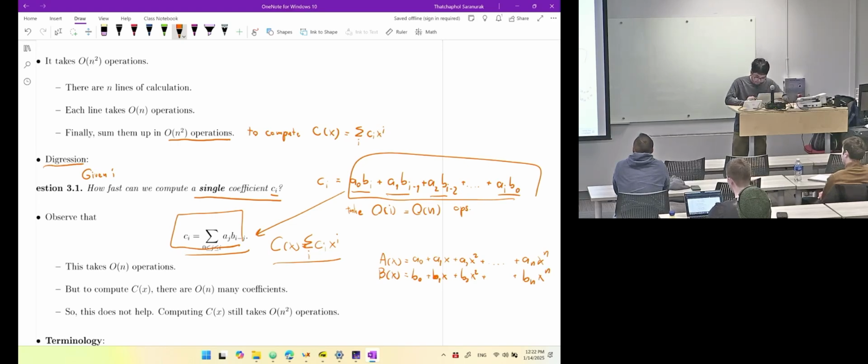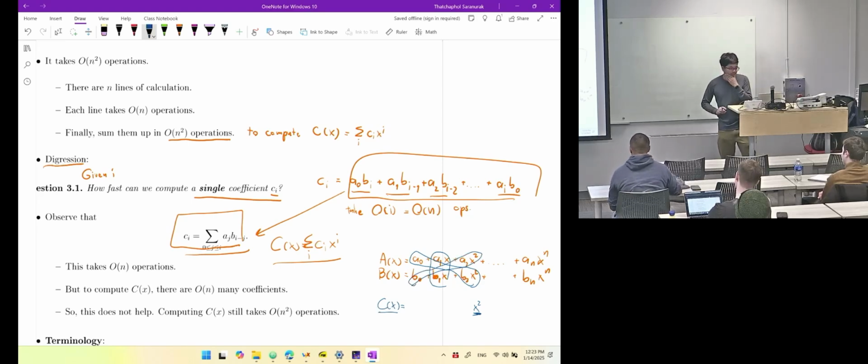Suppose I want to know what C2 is. The way to get C2 is to ask what the coefficient of x squared in C is. You get degree 2 by multiplying these two together, or these two together, or these two together. All right. Thank you. Sure.